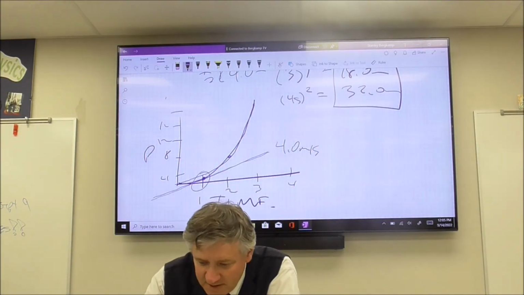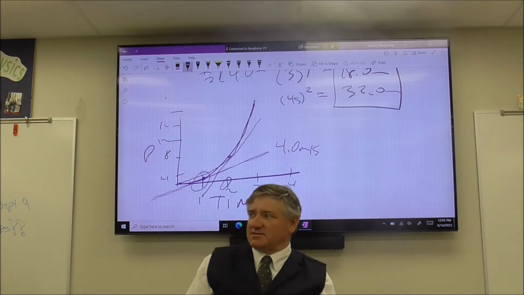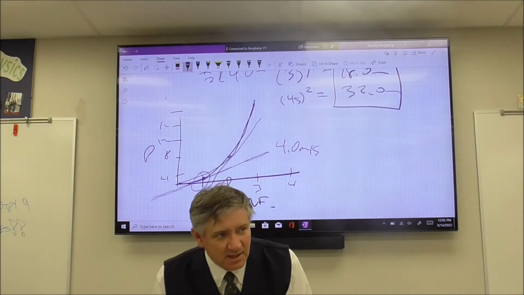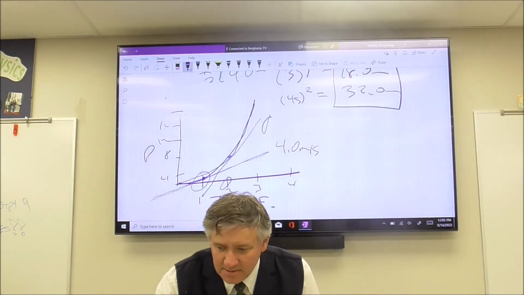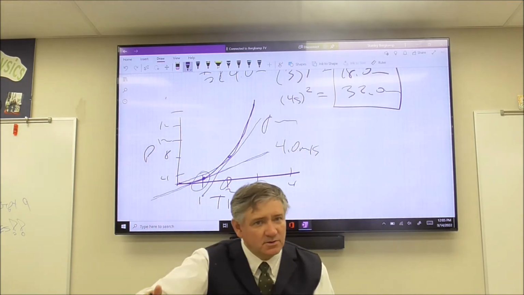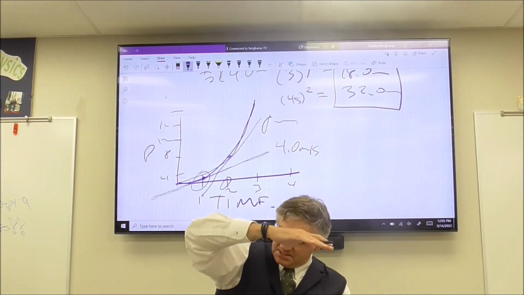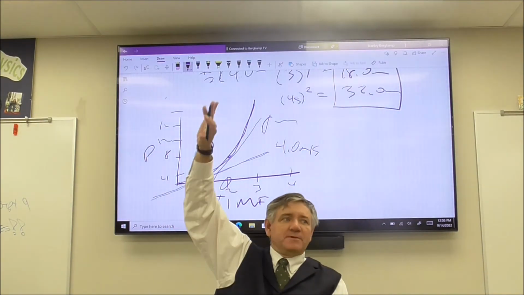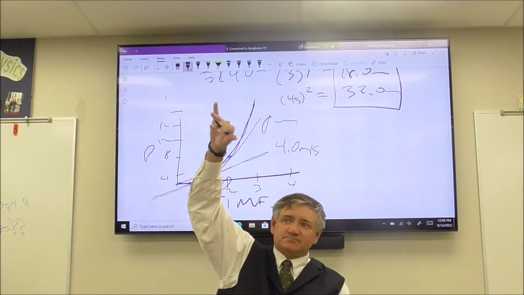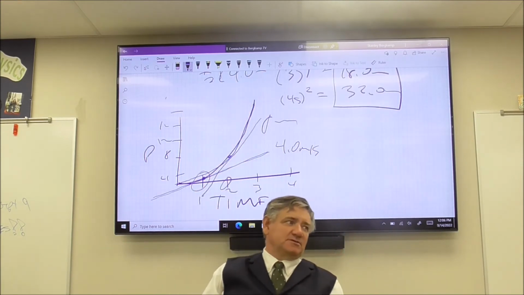Now, if I go to 2 seconds and I draw that tangent line, guess what? The slope's going to be 8 meters per second. If I go to 3, the slope's going to be 12 meters per second. So as time goes by, these tangent lines are becoming more steep, which is why this thing becomes a quadratic function, okay?